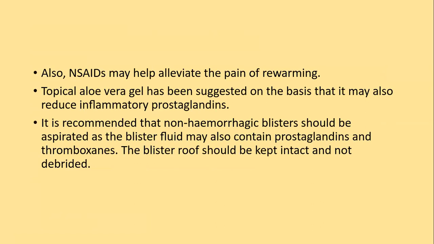Topical aloe vera gel is suggested on the basis that it should reduce the inflammatory prostaglandins. It is recommended that non-hemorrhagic blisters should be aspirated, as the blister fluid also contains prostaglandins and thromboxane. The blister roof should be kept intact and not debrided.